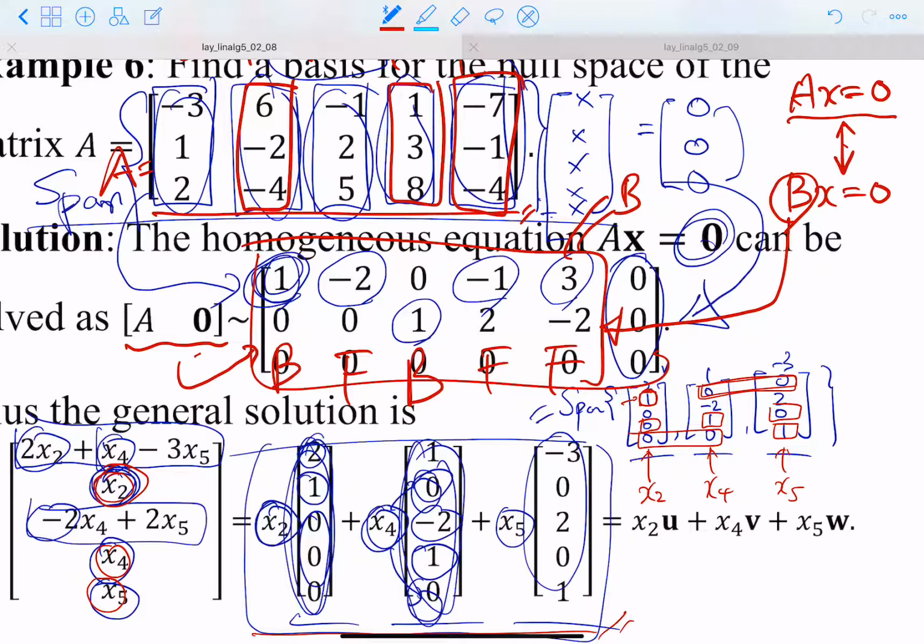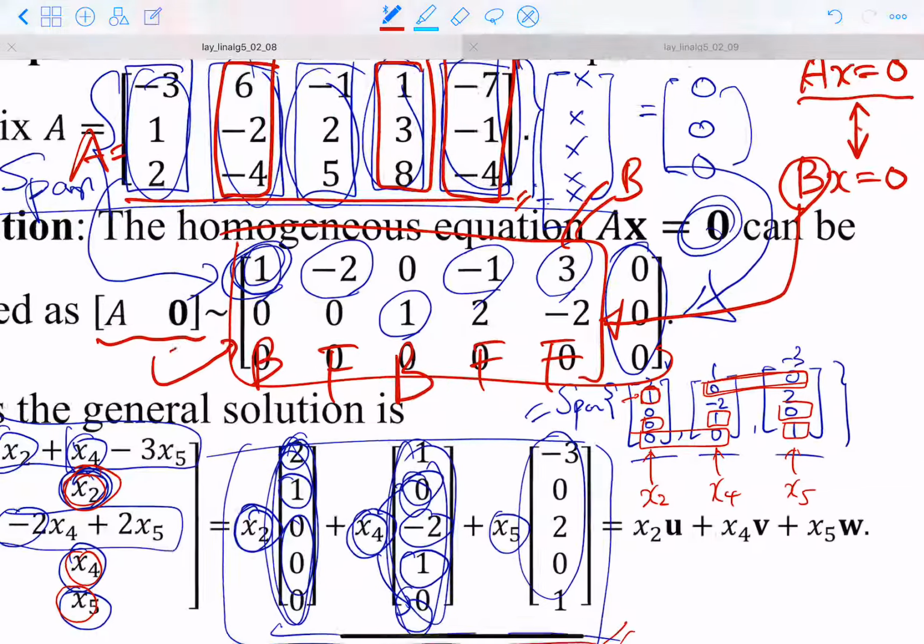Because row operations keep the entire solution set the same.